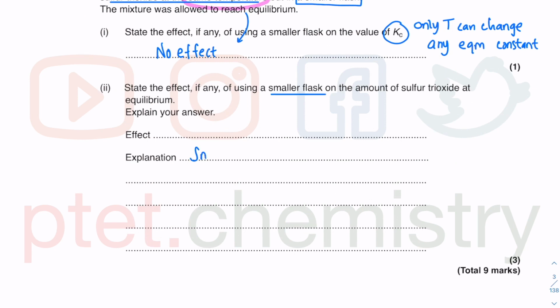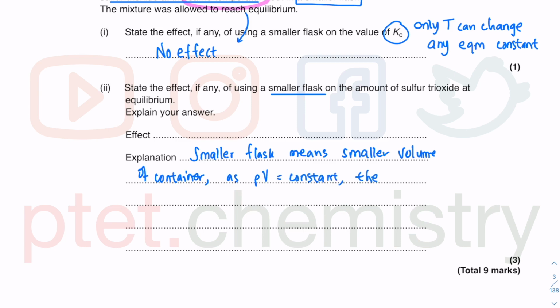So a smaller flask will mean smaller total volume. So how are pressure and volume related? Smaller volume of container. As PV equal to constant, part of the ideal gas equation, then we have higher pressure.